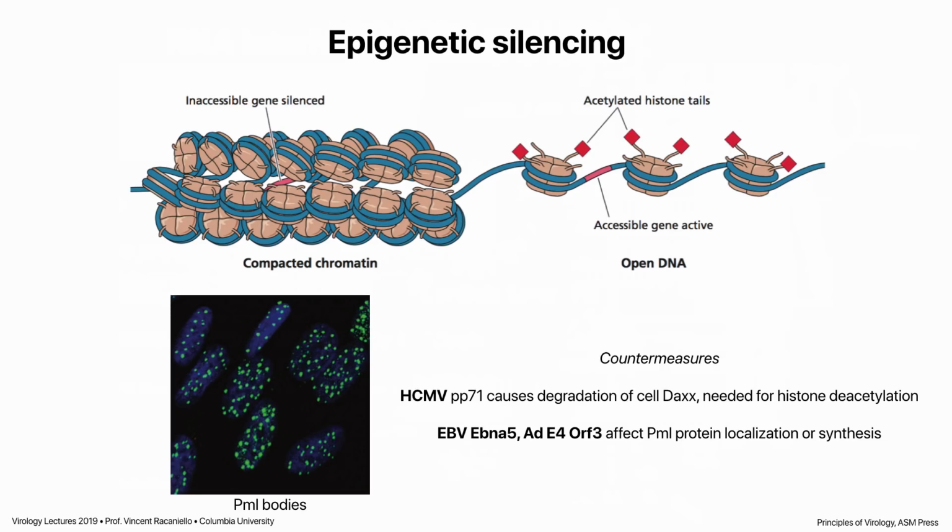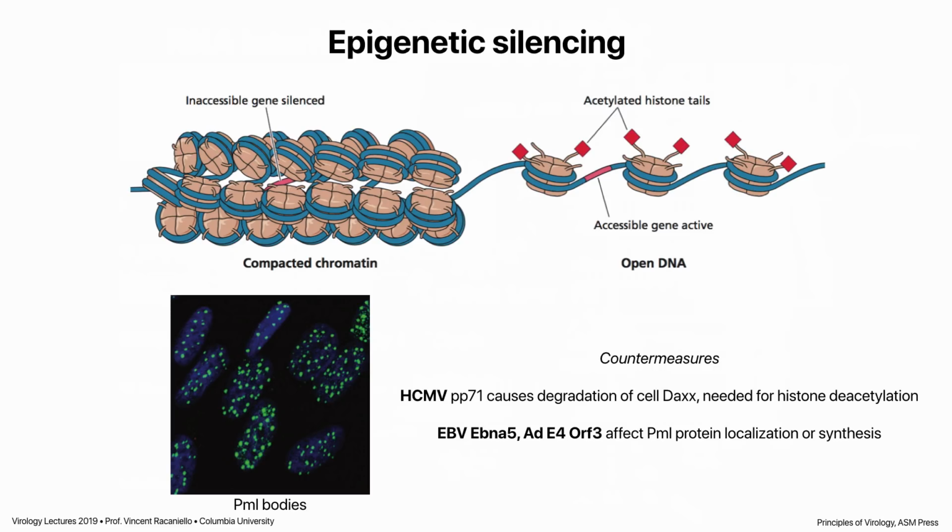Another really important one that we are currently learning more and more about in terms of its importance is epigenetic silencing. What this means is when foreign DNA comes in the nucleus, the cell wants no part of it. You can imagine that's not a good thing to have DNA coming in all the time. And it happens all the time, not just by viruses, but cells pick up DNA and it makes its way to the nucleus.